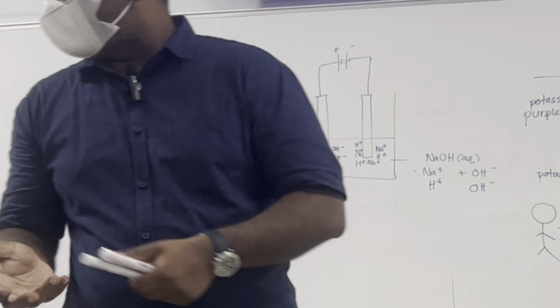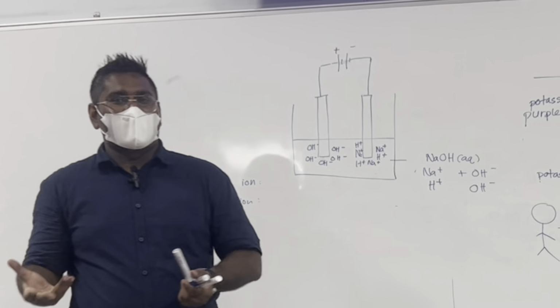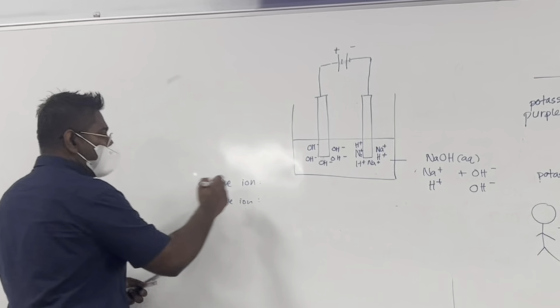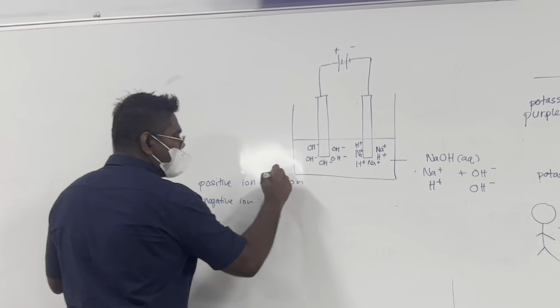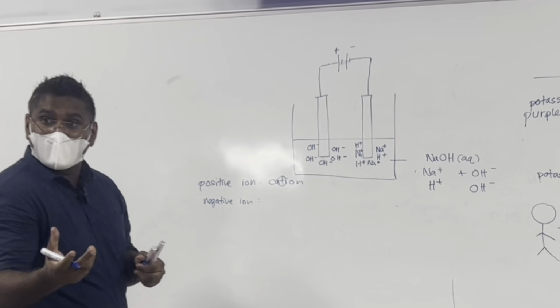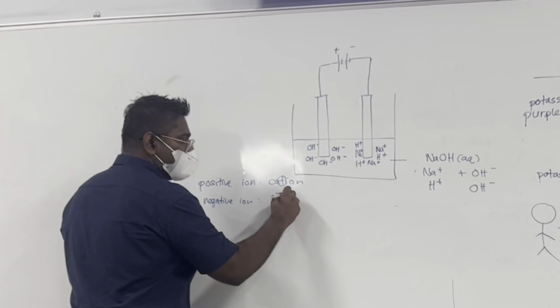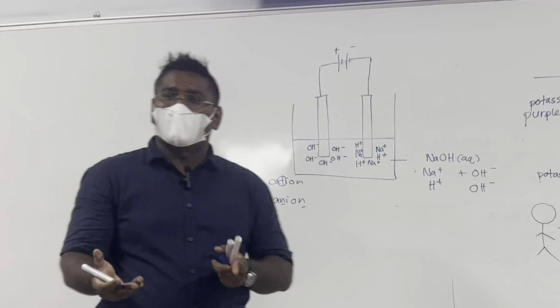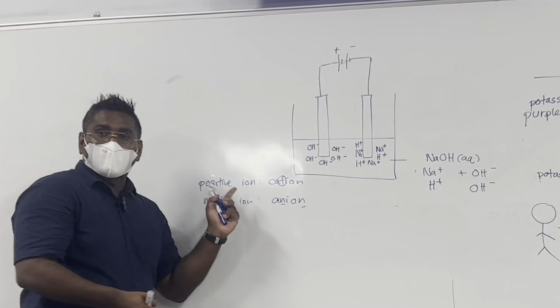Cation is a positive ion, anion is a negative ion. Memorize this: cation, because the t looks like a positive sign, so this is a positive ion. Anion, the n and n tells you negative, negative ion. So this is important.